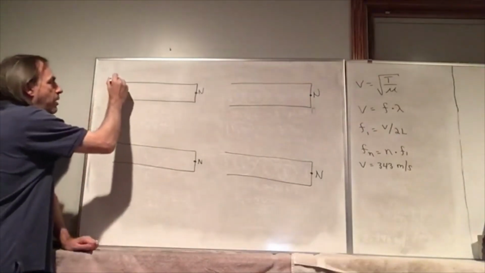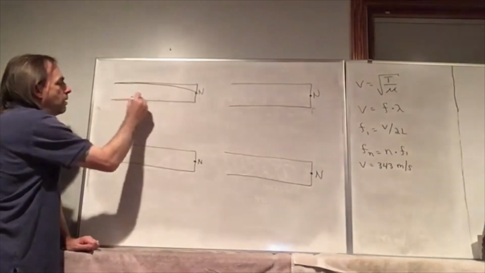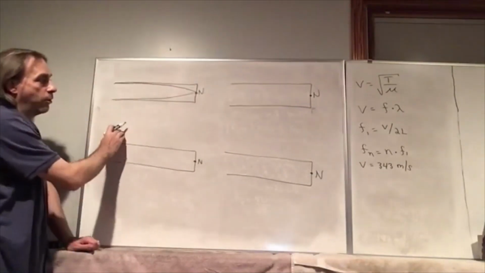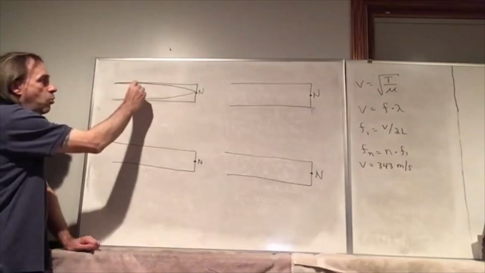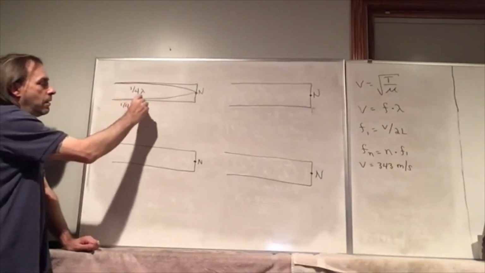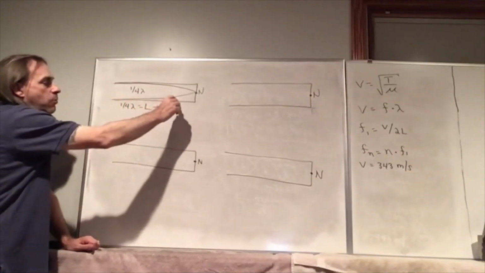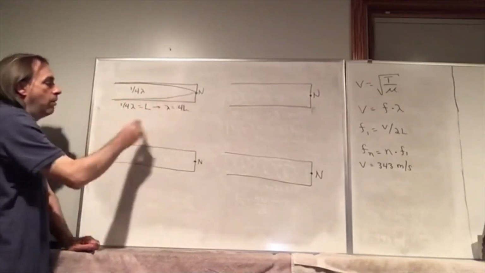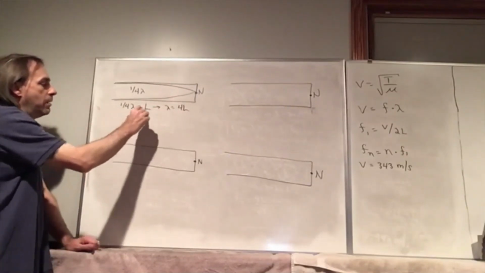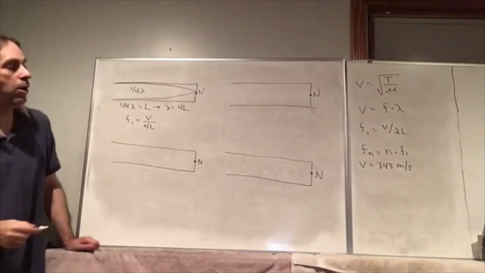So we go directly from the antinode to the node. And so this is a quarter of a wavelength. So lambda is equal to 4L. And so F1 is V over lambda, or V over 4L.